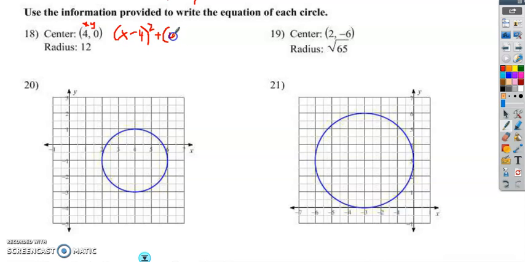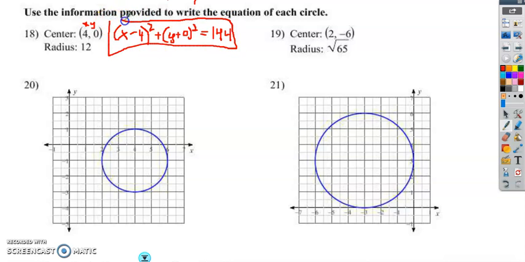And if you wanted to, you could put in there y plus, in this case it's a 0, so plus or minus wouldn't really make a difference there when we're talking about 0. That's squared as well. And then that's going to be equal to 12 squared, and 12 times 12 is 144. So here is my equation.